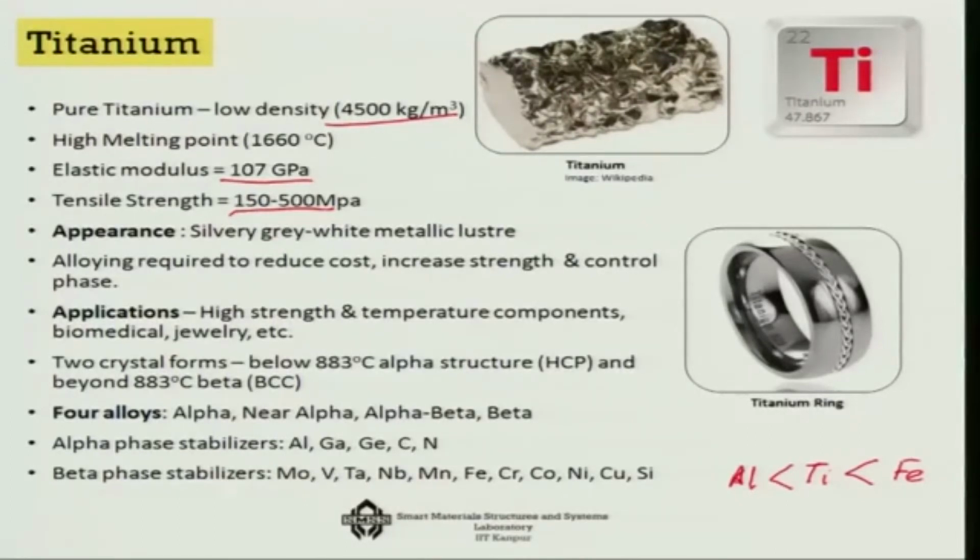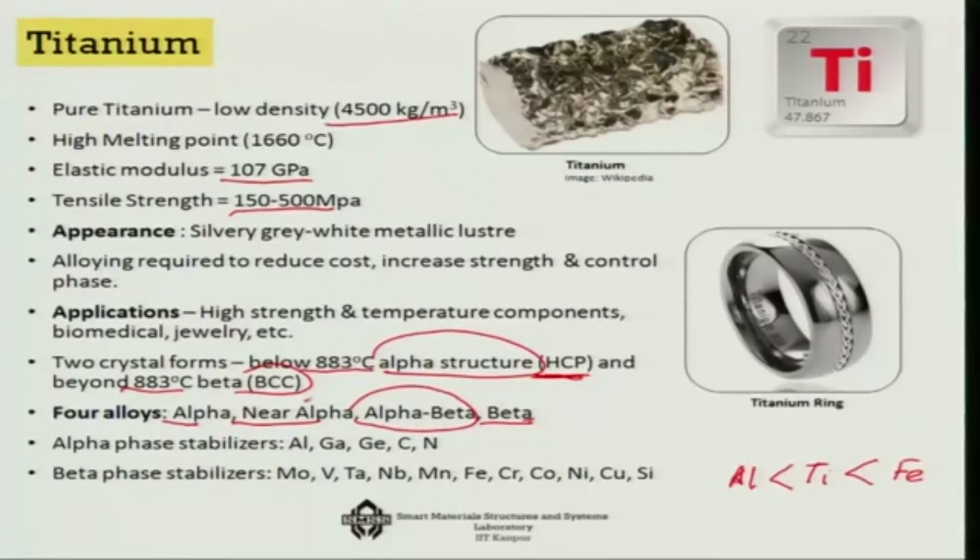It has a silvery grey white metallic luster, and its alloying has certain typicalities. It has basically two kinds of structures. Below 883 degrees, it has an alpha structure, which is hexagonal close packed, HCP. Beyond 883, it has a beta structure. Now, you may find in alloys that it has either alpha or beta, or near alpha or alpha beta.